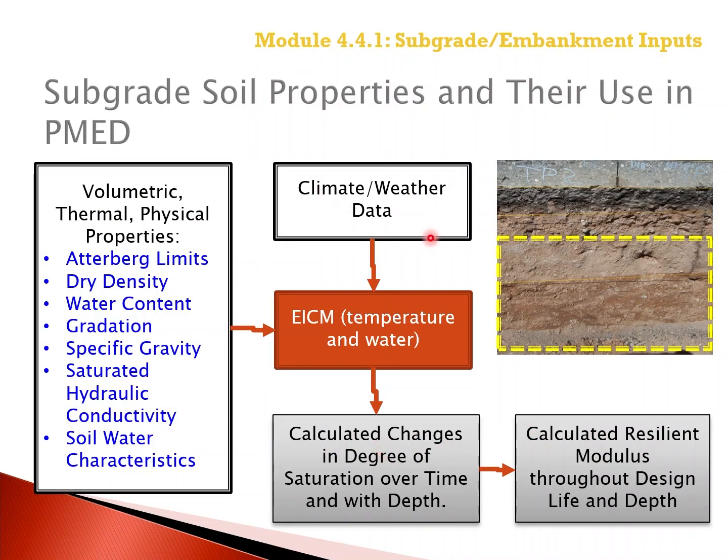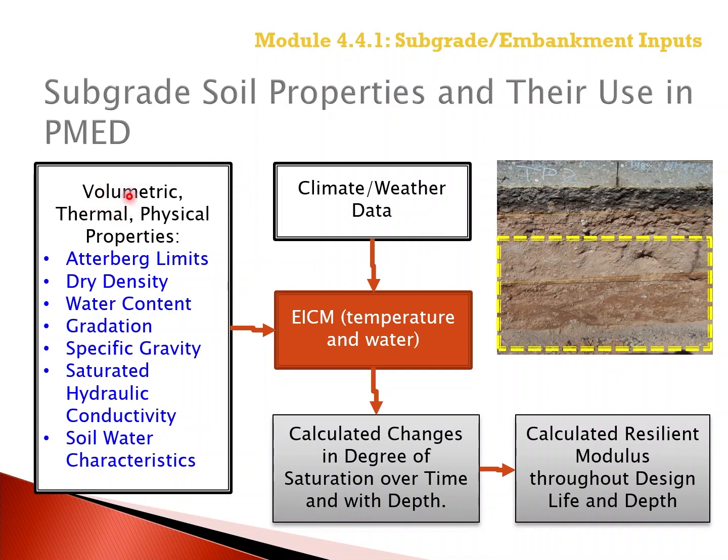So the subgrade soil properties and their use in Pavement ME. This is an overall flow diagram on the calculation of temperature and water content using the EICM throughout all unbound layers to estimate resilient modulus. The EICM was discussed under Module 4.2, under the climate input variables.